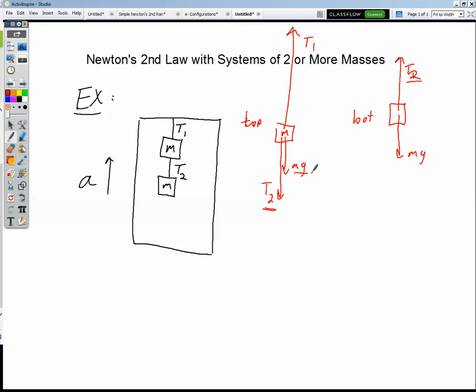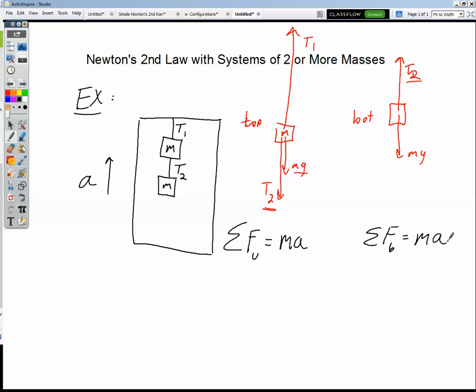So we know that the sum of the forces acting on both blocks is going to be m times a. The sum of the forces on the upper block is equal to the upper block's mass times its acceleration. The sum of the forces acting on the bottom block is equal to its mass times its acceleration.